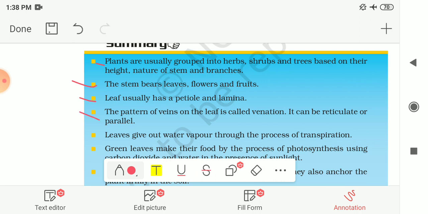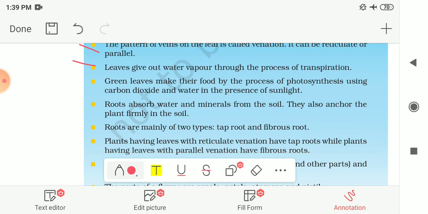Then the pattern of veins on the leaves is called venation and it can be reticulate or parallel. The leaves give out water through the process called transpiration. Green leaves make their own food by the process of photosynthesis, and in this they use carbon dioxide and water in the presence of sunlight.